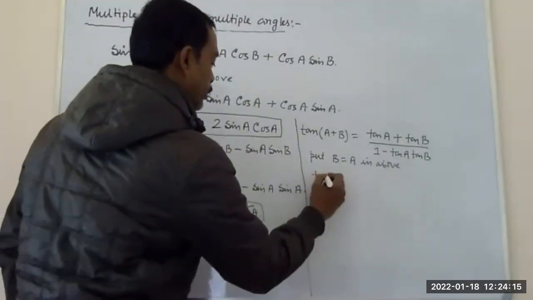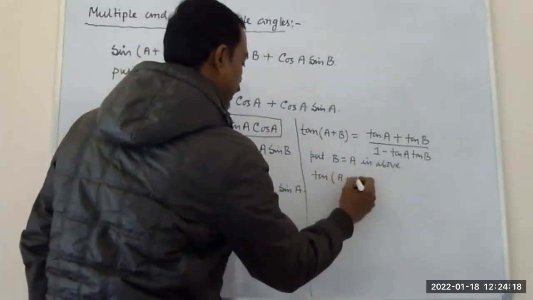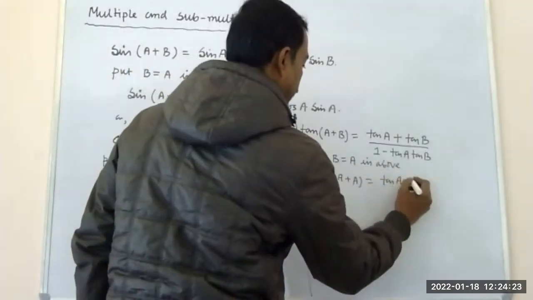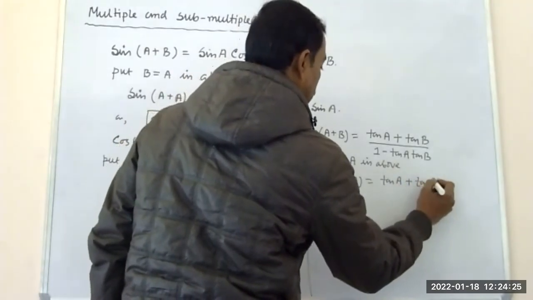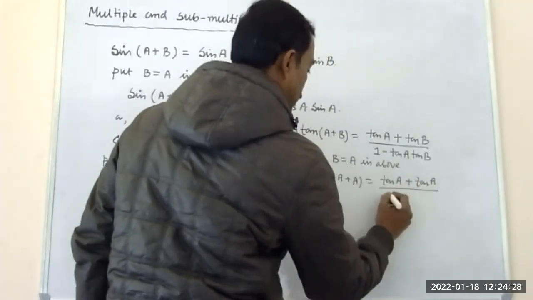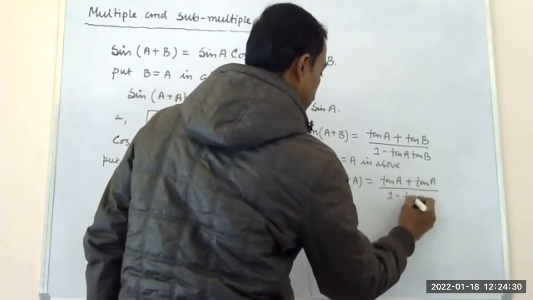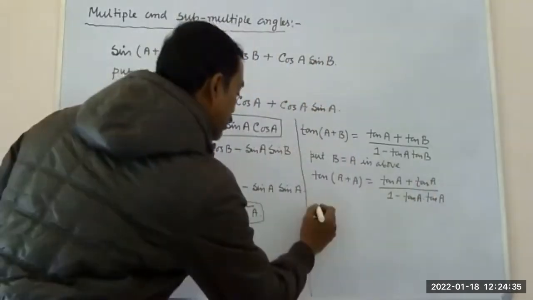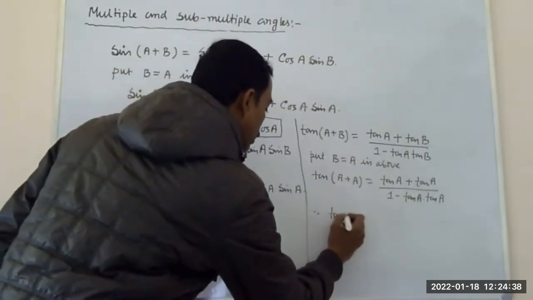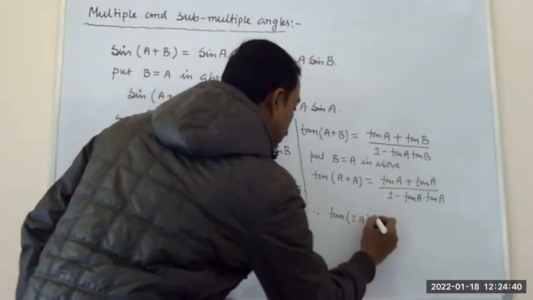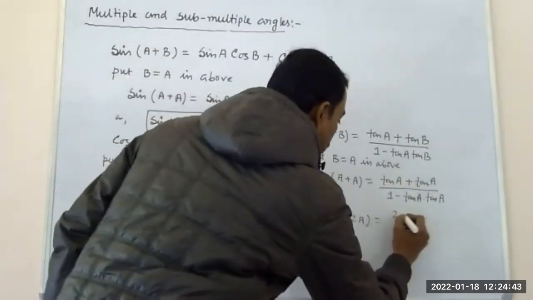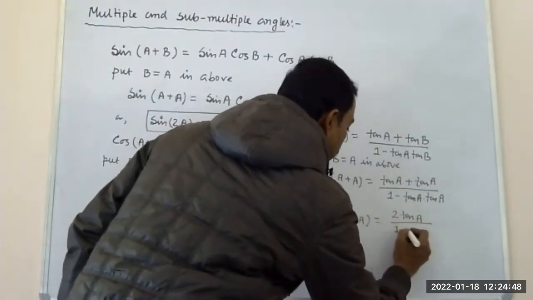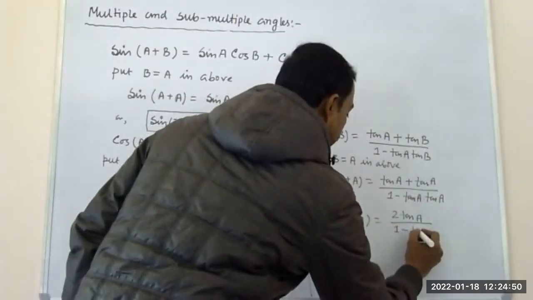Then tan of a plus a is equal to tan a plus tan a by 1 minus tan a into tan a. So from here we got tan 2a is equal to tan a plus tan a, which means 2 tan a, by 1 minus tan a into tan a, which means tan square a.